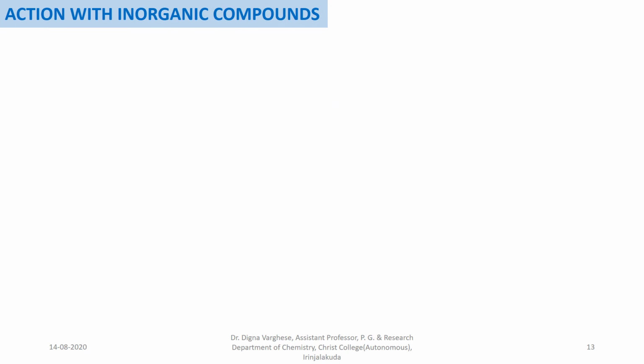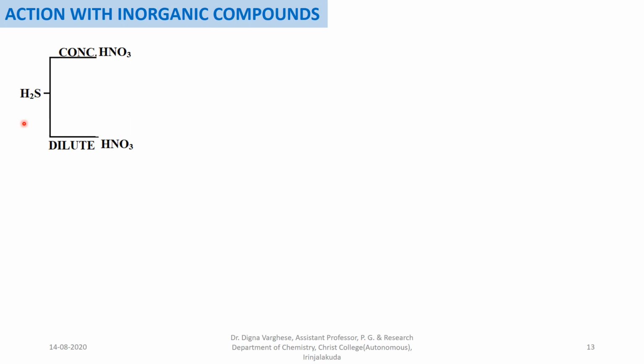Action with inorganic compounds. Both concentrated nitric acid and dilute nitric acid oxidize several inorganic compounds. During such oxidations, nitric acid gets reduced to nitrogen dioxide when concentrated nitric acid is used, and when dilute nitric acid is used, it is reduced to nitric oxide.